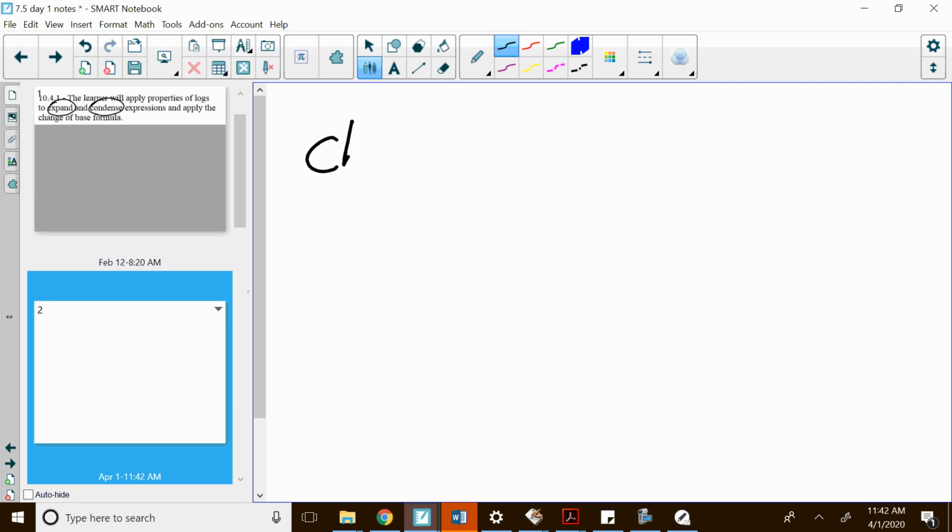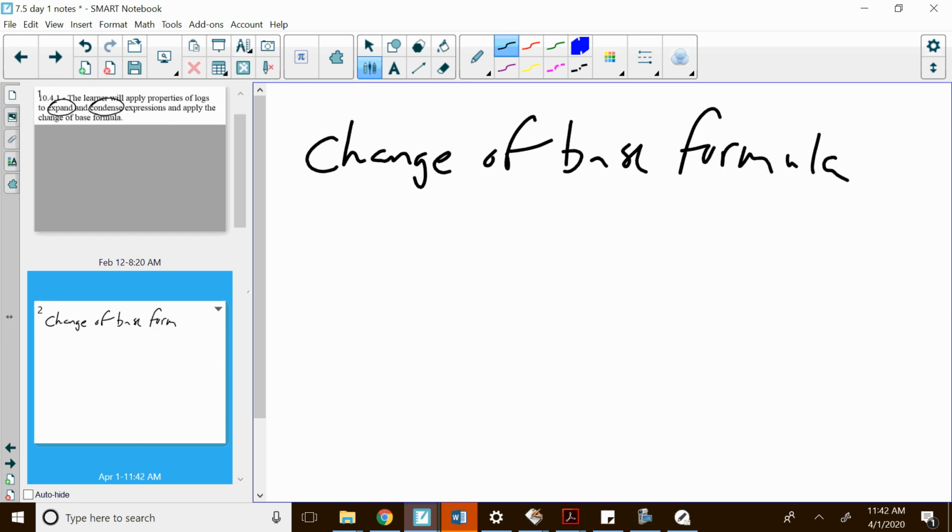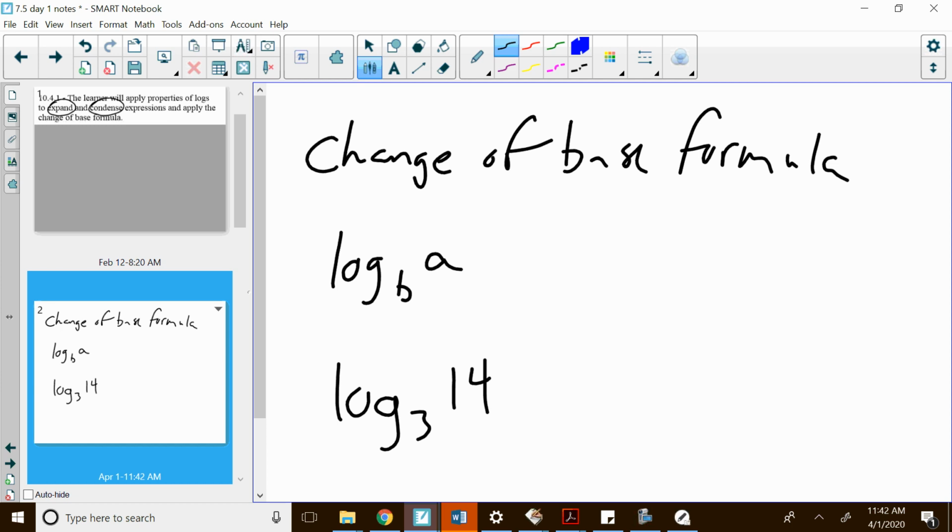So change of base formula, super easy. And here it is. If you have the log base b of a, like for instance the log base 3 of 14, and you want to figure out, this means 3 to what power is equal to 14.